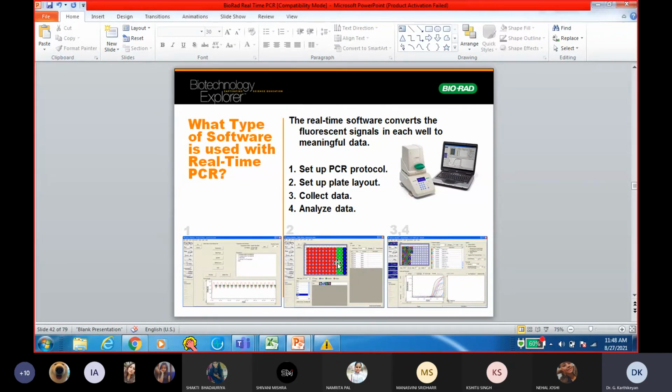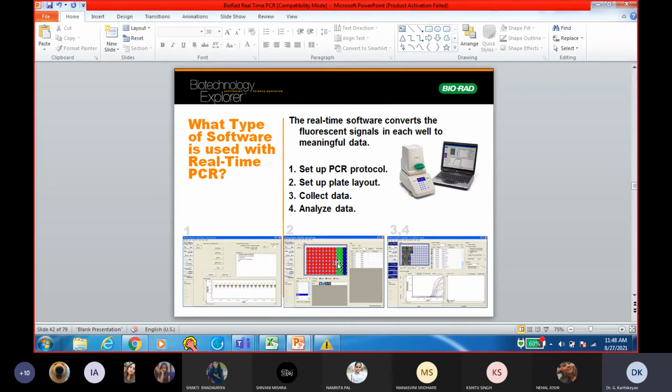That means you can run literally 96 real-time PCR experiments in one stretch. But generally people don't do 96 at a stretch because you always have certain positive controls. We'll also have certain negative controls, so that you will know what the background noise is that is caused by these different dyes.